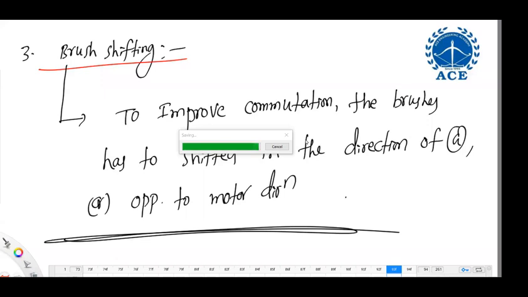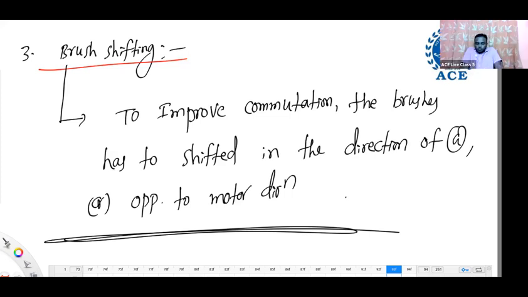Sir, in interpole commutation, how does the interpole compensate the reactance voltage ER? Because ER is due to reversal of flux, but the interpole will compensate only the armature flux. The interpole flux is always produced in the opposite direction of the armature flux.